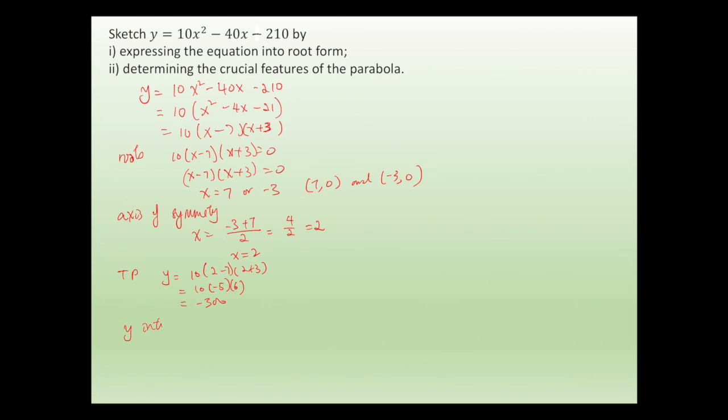And then the y-intercept is, when x is 0, −210. All right. So therefore, sketching this, y and x. So we know that it's between −3 and 7.